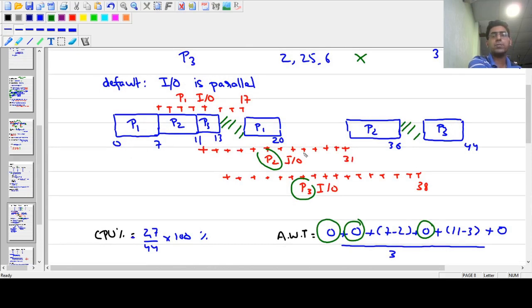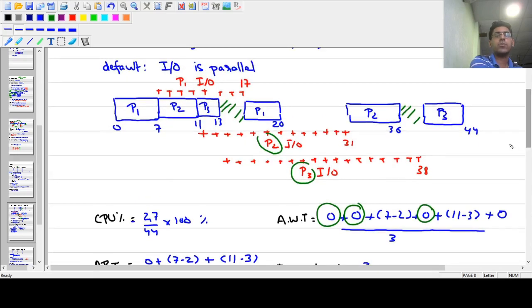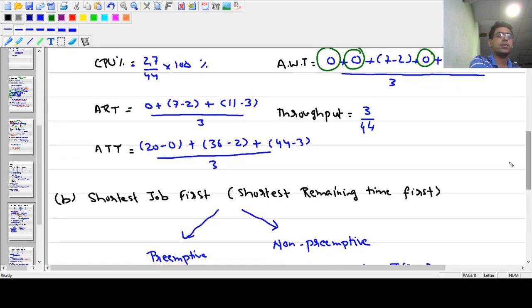For process P2, it is done at 36 milliseconds and it came at 2 milliseconds, so it is 36 minus 2. And for process P3, it came at 3 milliseconds and is done at 44 milliseconds, so it is 44 minus 3. So 44 minus 3 upon 3. So this is the average turnaround time.